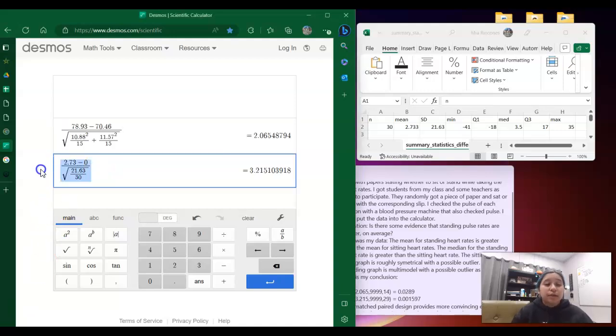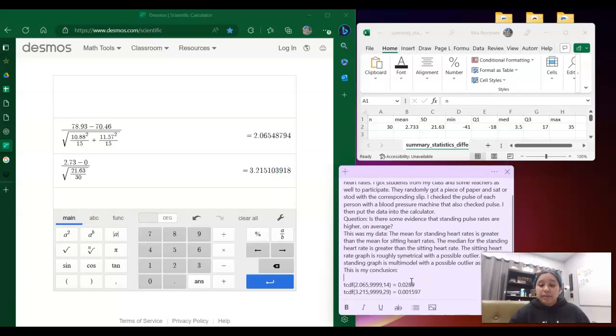So the 2.73 minus 0, since our parameter is 0, we're using the null hypothesis equal to 0. And we use our standard deviation and our n. Our n would be 30 since we did use all 30 students. Then we find, this is our test statistic, 3.21.